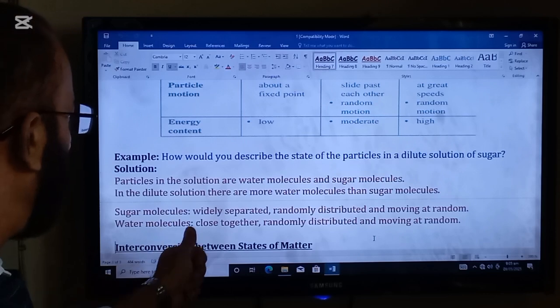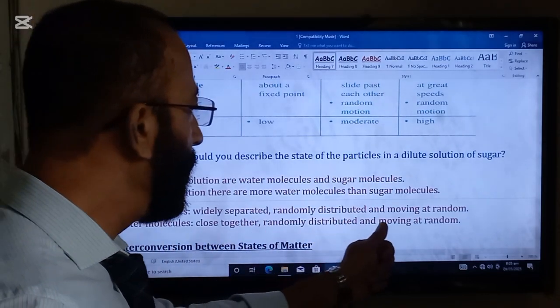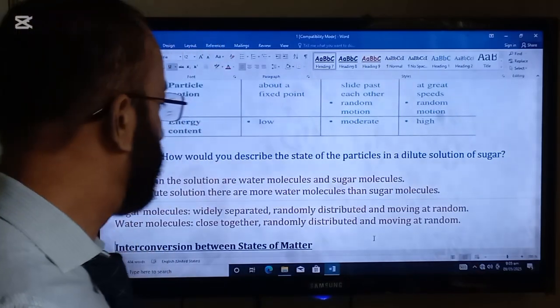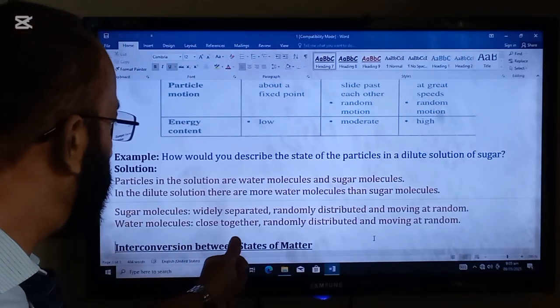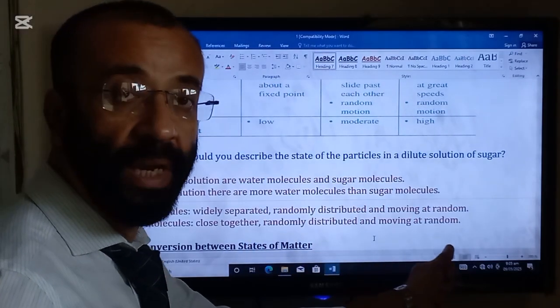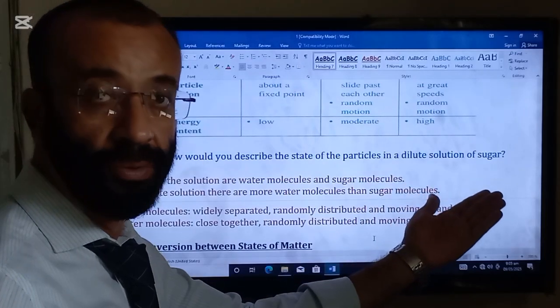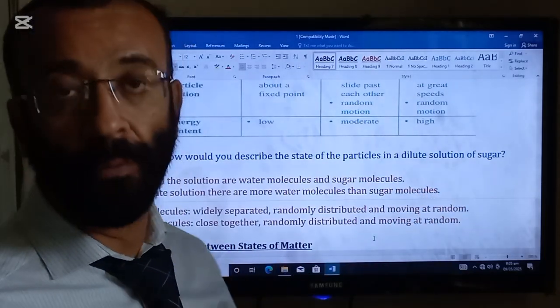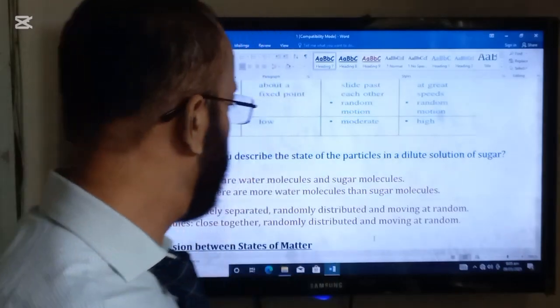Sugar molecules widely separated, randomly distributed, and moving at random. Water molecules close together, randomly distributed, and moving at random. Because in a dilute solution of sugar, there will be more water molecules and fewer sugar molecules.